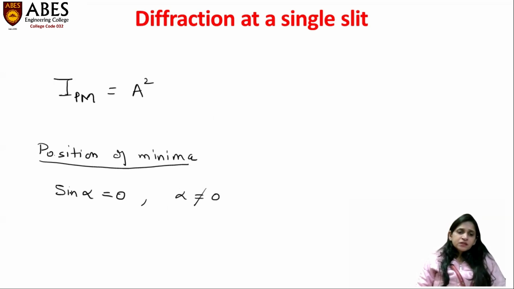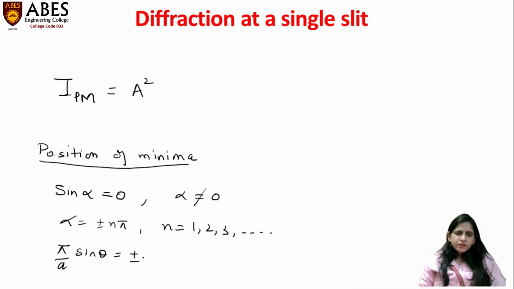Therefore sine alpha will be 0, but alpha will not be 0. So what is the value of alpha then? Alpha is equal to plus minus n pi, where n stands for 1, 2, 3, and so on. Now if I write the value of alpha, pi by a sine theta is equal to plus minus n pi.